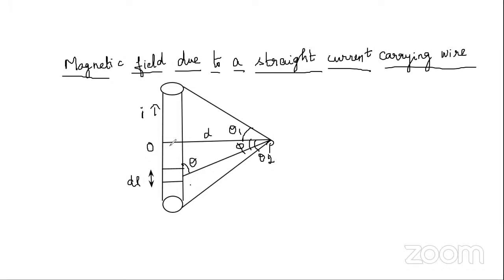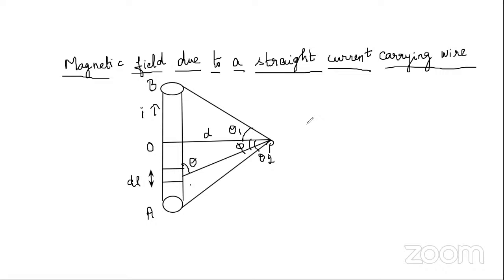Now from the Biot-Savart law, I am going to find out the magnetic field. So this end is A and this end is B. What is the magnetic field due to the entire wire at this point P? That I am going to write now.